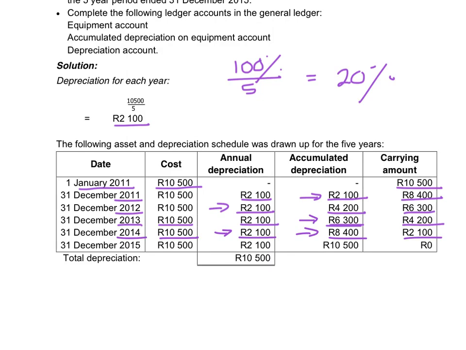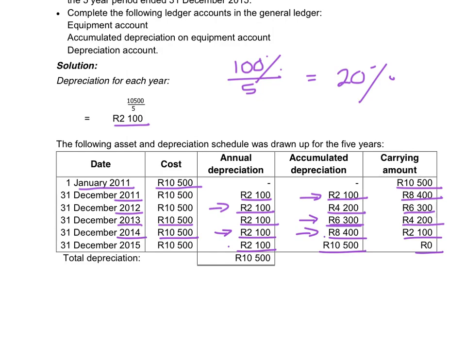At the end of 2015, we will write off 2,100 again. It will accumulate from 8,400 plus the 2,100, and now the accumulated depreciation is 10,500, and this asset is not worth any money in the books.